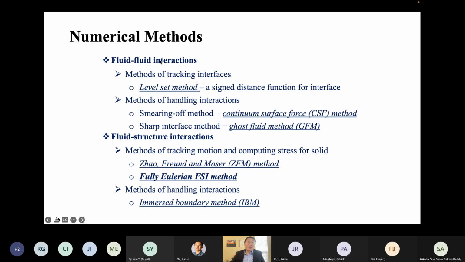We have fluid-fluid interaction and we have fluid structure interaction. When we say fluid, we have different fluids, right? We have the droplet fluid and we have the highly viscous polymeric solution. Those are different fluids. When we say fluid structure interaction, we have the cell as a solid structure.